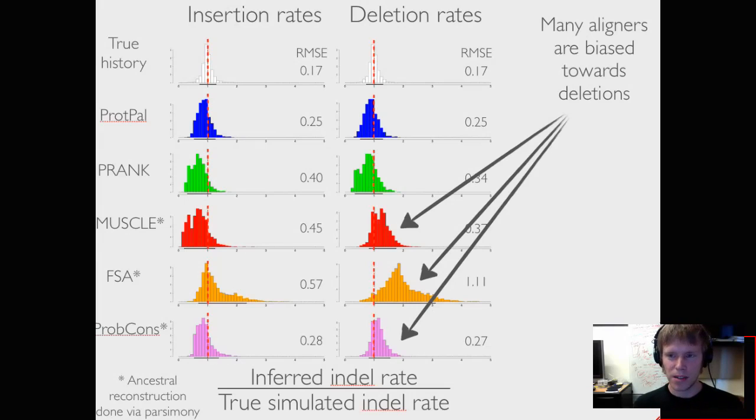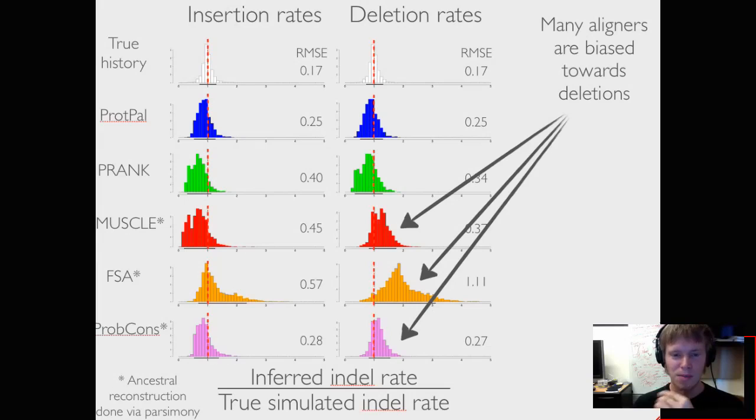And there is this asymmetry in insertion rates versus deletion rates. I don't have much time to go into it now, but there is a fairly intuitive reason why an alignment program would infer an excess of deletions. It has to do with what I was talking about earlier: if you call it an insertion low down in the tree, it's fairly likely that you'll be wrong when you get higher up.